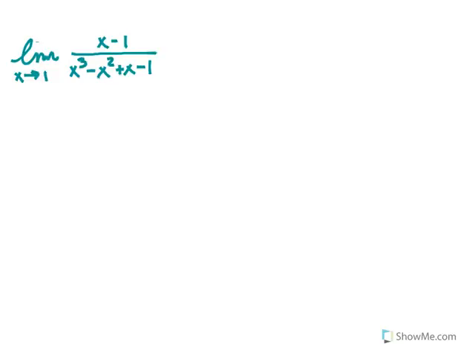All right, so here's our last factoring problem that we're going to take a look at, and then we're going to move on to the second technique. So we have the limit as x approaches 1 of x minus 1 divided by x cubed minus x squared plus x minus 1. And this is also a unique situation. In the denominator, we have 4 terms, so we can't actually use any sum or difference of cubes formula.